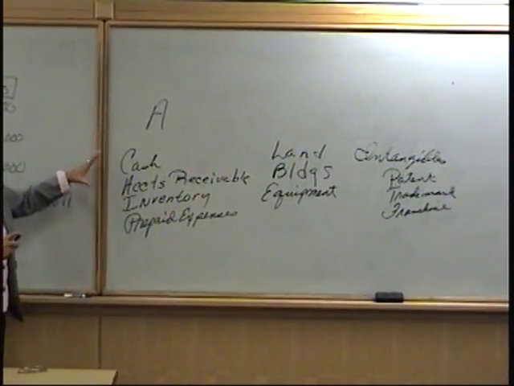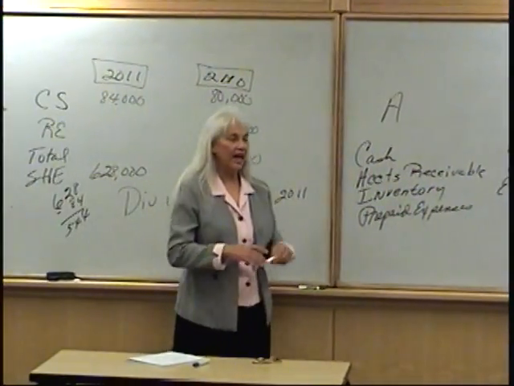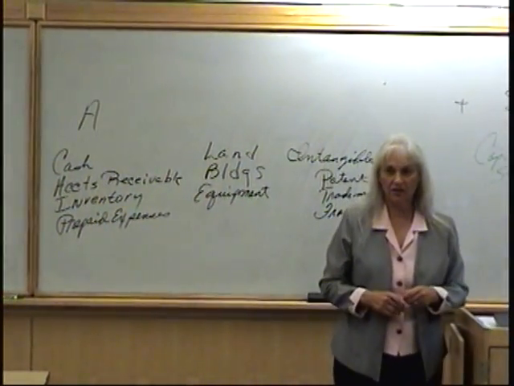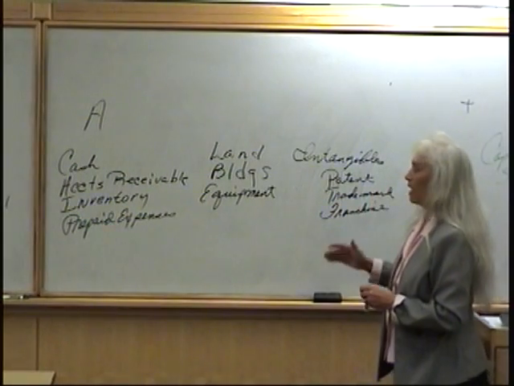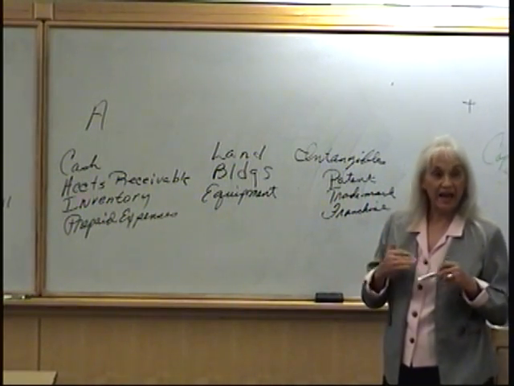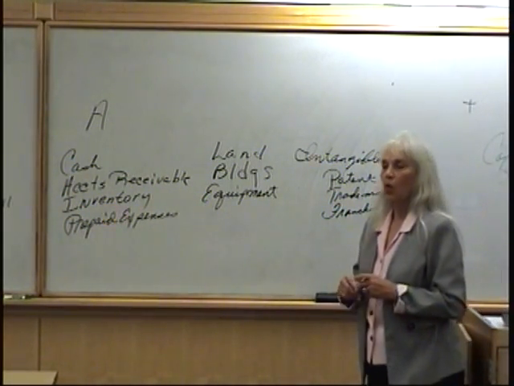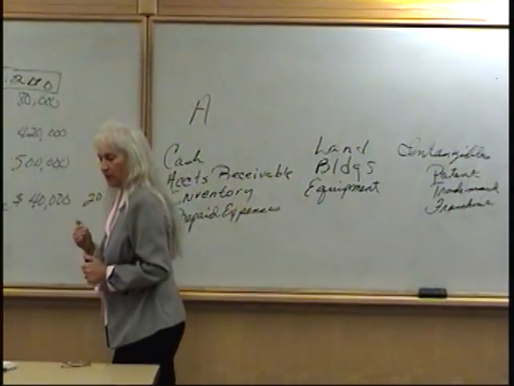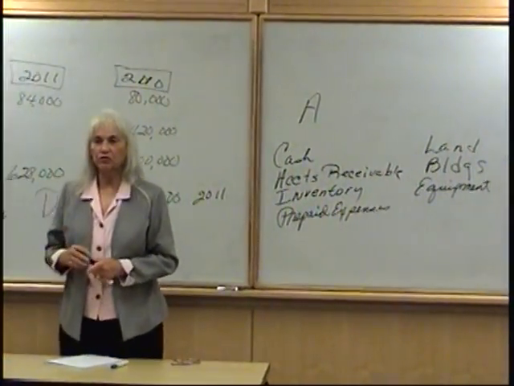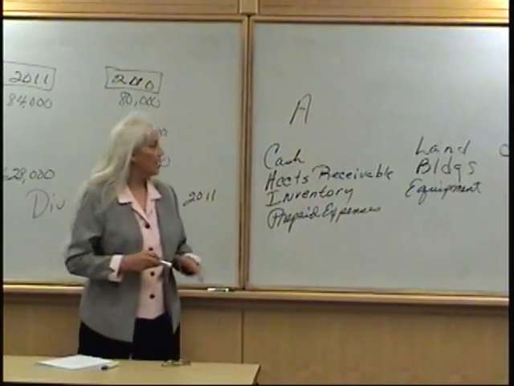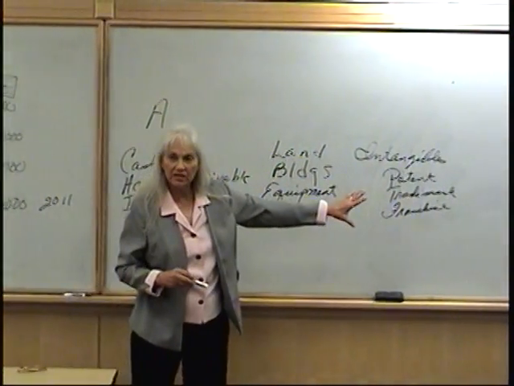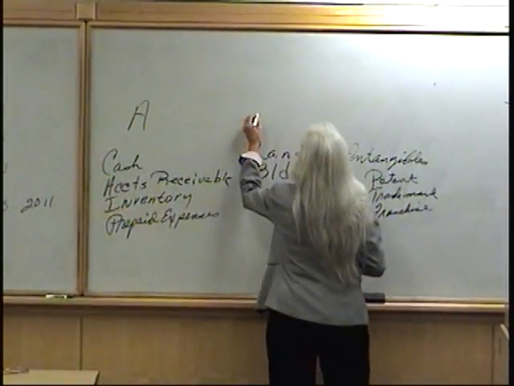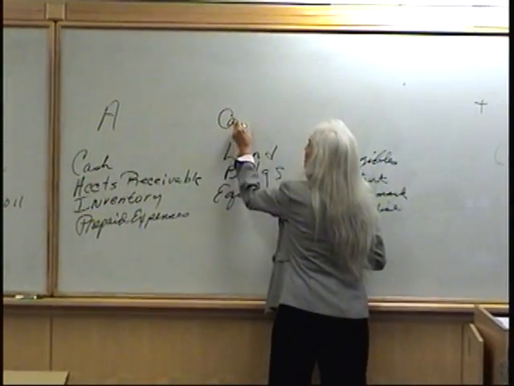So if you were going to have to calculate total assets out of a list of accounts, you would need to be able to look at those and add up total assets. What they do in all test banks in accounting, if I were going to ask you to add total assets, I might put these accounts in there, and then I'd throw in capital stock.